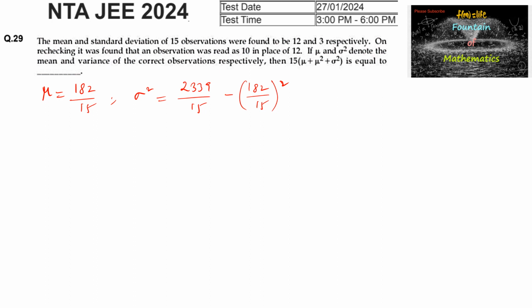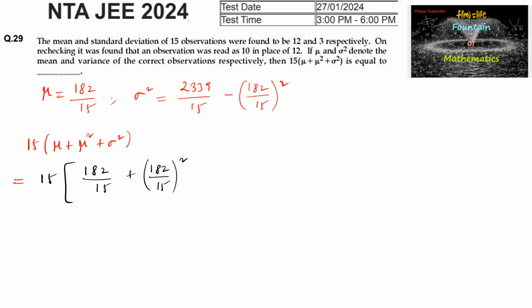Now the required value is 15 times mu plus mu square plus sigma square, which is equal to 15 times mu, where the value of mu is 182 upon 15, and mu square is 182 by 15 whole square, plus sigma square, which is 2339 minus 15 times 182 by 15 whole square.